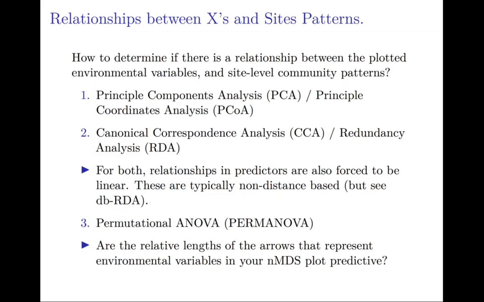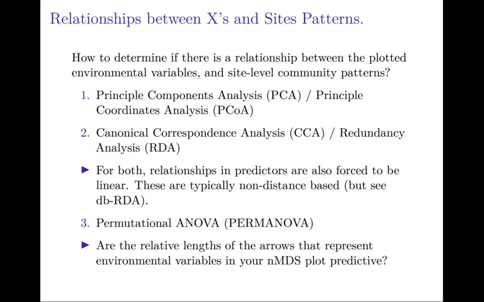You could try principal components analysis or principal coordinates analysis, and with these methods you would use dimension reduction and then use some of those dimensions back in more univariate models potentially. If you want to look at the effects on the community pattern, you can also use canonical correspondence analysis or redundancy analysis. These are fairly common in the literature, but we're not going to talk about them here.